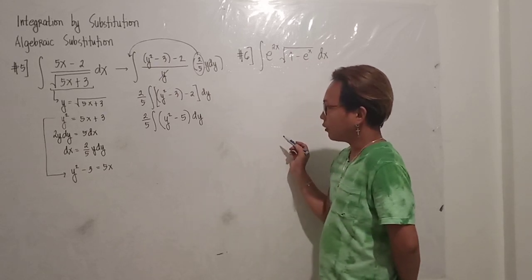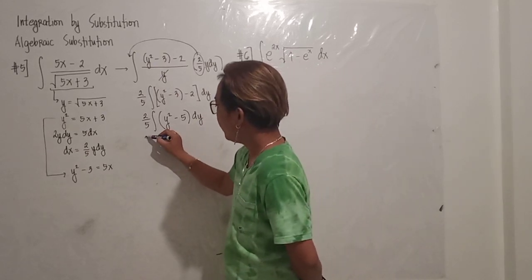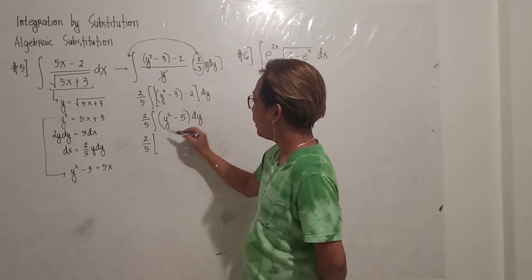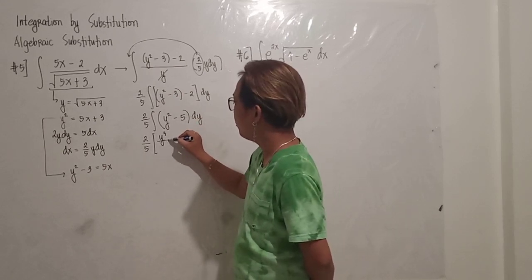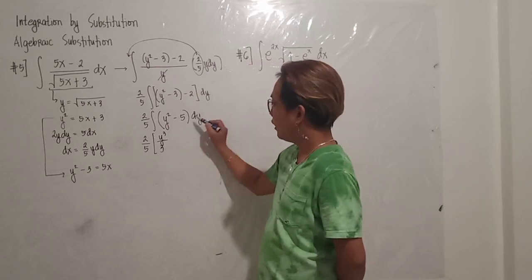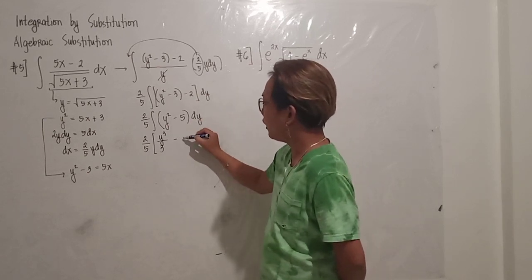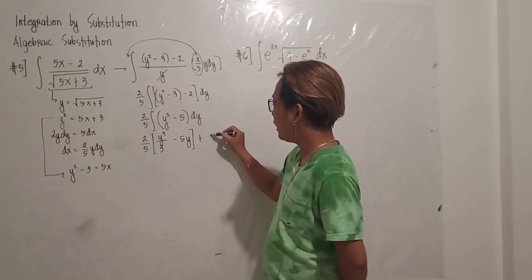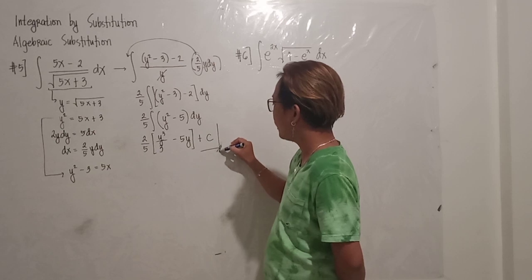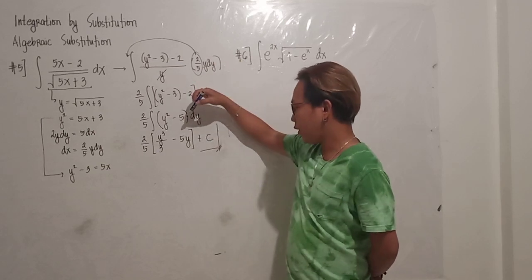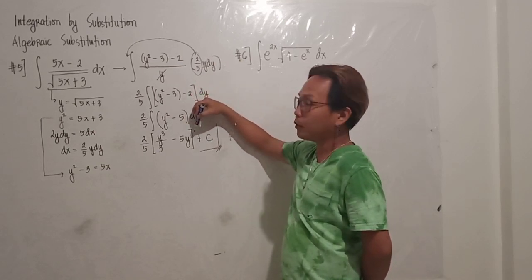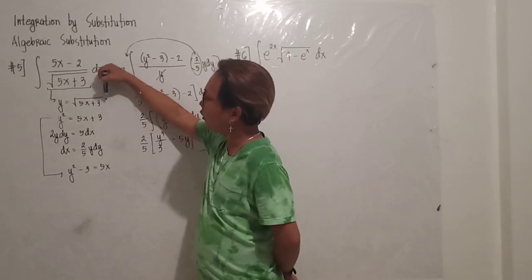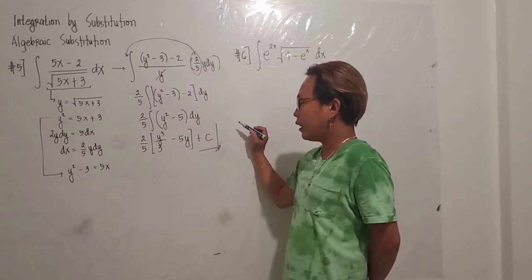dy. So integrating this part, you will now have 2 over 5. Then y squared dy is y cubed over 3 minus 5 dy, that's minus 5y plus c. Supposedly, this is your final answer, kaya lang in terms of y. So you have to transform this equation into function of x, wherein your y is equivalent to the square root of 5x plus 3.